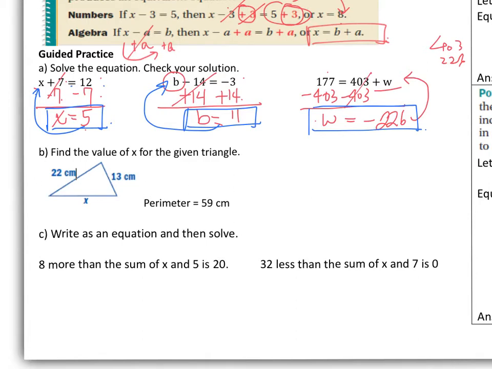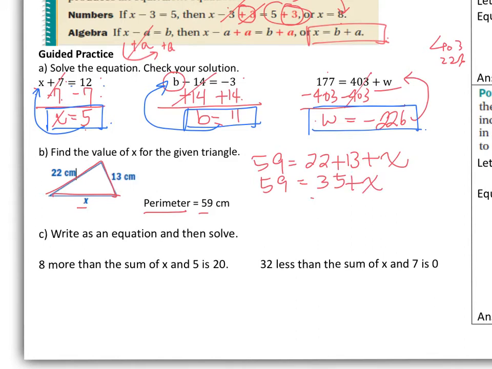Okay, part B, find the value of x for the given triangle. The perimeter is 59. The perimeter just means the distance around the shape. So I can take 59 and let that equal 22 plus 13 plus x. 59 would then equal 35 plus x.